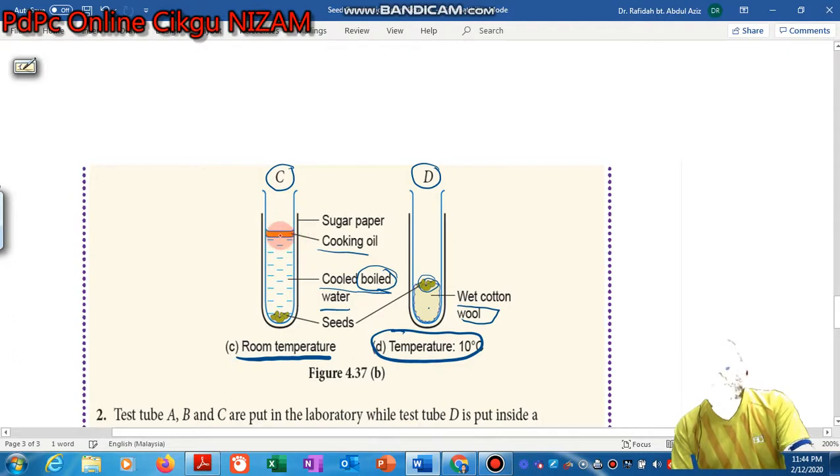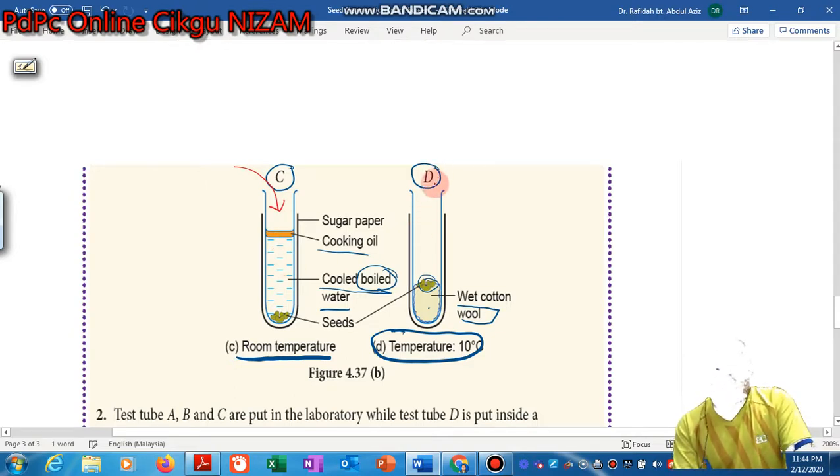Cooking oil is to prevent air from the atmosphere from entering and dissolving into the boiled water. So with this method we want to eliminate air from the water and from the seed itself. So we want to know if a seed can germinate without air. So this is how we can expel the air in the water.